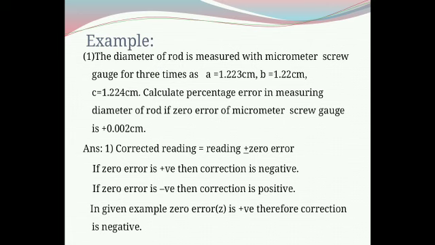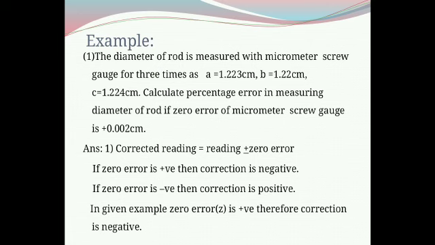for solving this numerical. The first example: the diameter of a rod is measured with a micrometer screw gauge three times. The first reading is A equals 1.223 centimeter, the second reading is B equals 1.224 centimeter, and the third reading is C equals 1.224 centimeter.